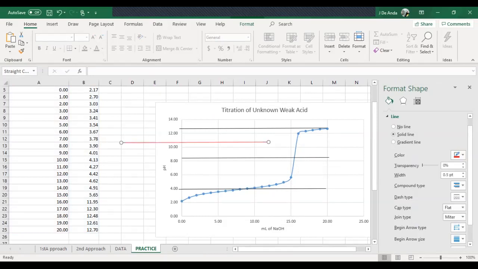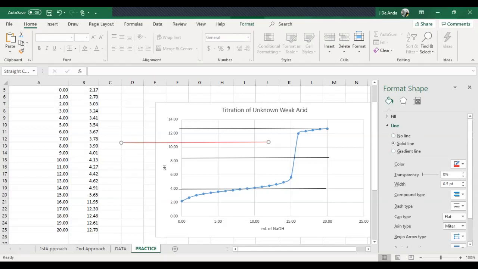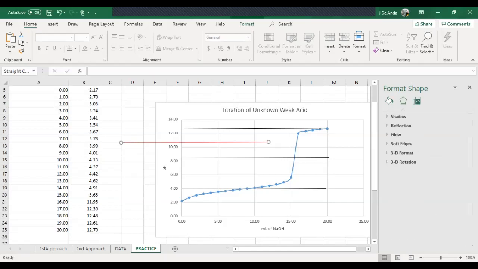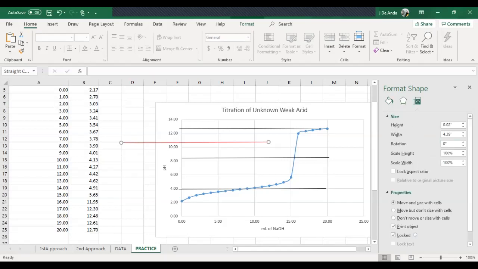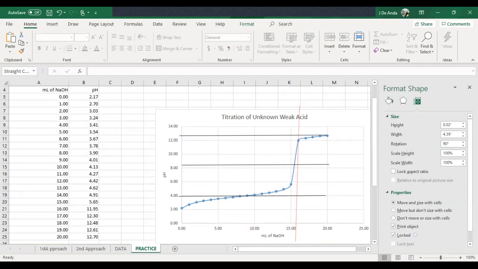And I'm also going to see if I can find where to rotate it. Here it is. So we're going to rotate it 90 degrees. And I'm going to bring it over here and find out where does the curve cross that horizontal line there. And that's a little too long there, so I'm going to make it a little shorter here.